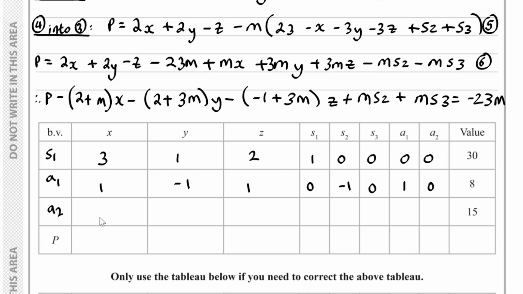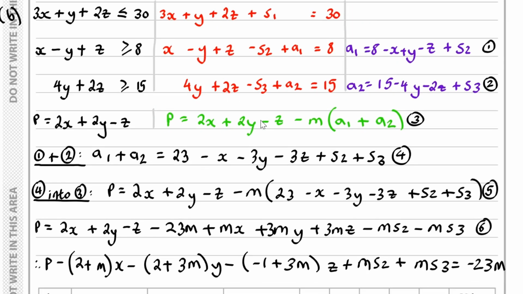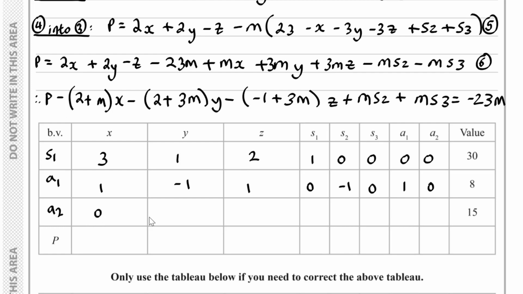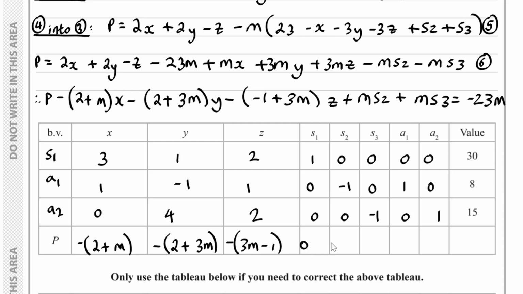And then here we have, if you look at this other red equation, that's got no x's in, so we have 0, 4, 2, 0, 0, minus 1, 0, 1, 15. And then finally, using this equation, we have minus 2 plus m, minus 2 plus 3m, minus 3m minus 1, 0, m, 0, 0, and minus 23m. Okay.